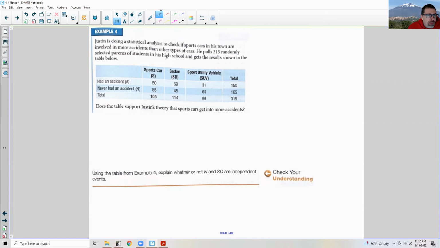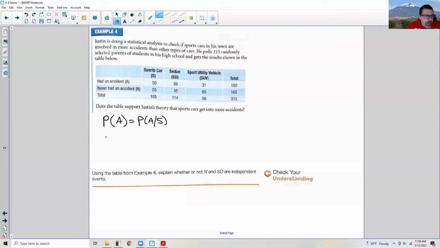And what that means is we want to know if the probability of getting into an accident is going to be equal to the probability of getting into an accident given that we have a sports car involved. And if these two are equal, they're independent events. If they're not equal, they're associated.